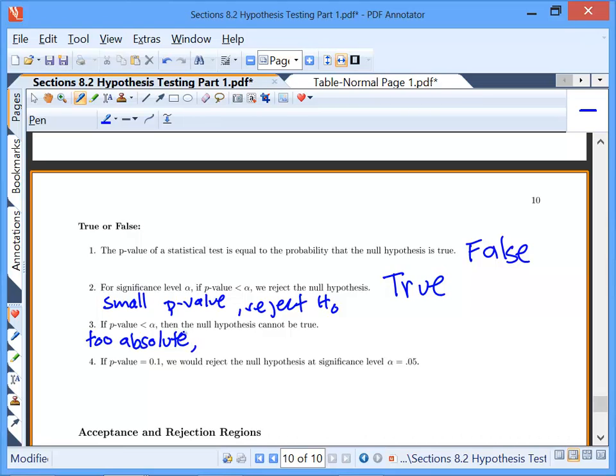We found evidence. We can't ever say we proved it, but we did just find evidence. And part of this is, if you think back to the definition of the significance level, if alpha equals 0.05, then we say we'd only reject the null hypothesis in error 5% of the time. But you still have that 5% chance. So you haven't proven it. It can still be true, but it's only a 5% chance that it was true and you rejected it in error.